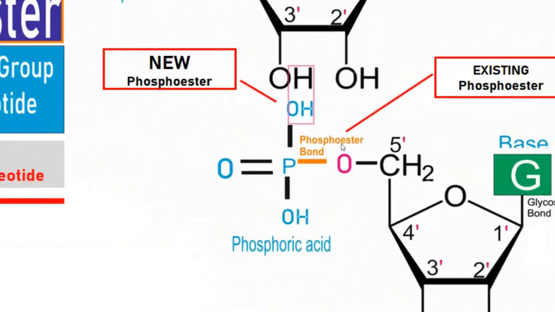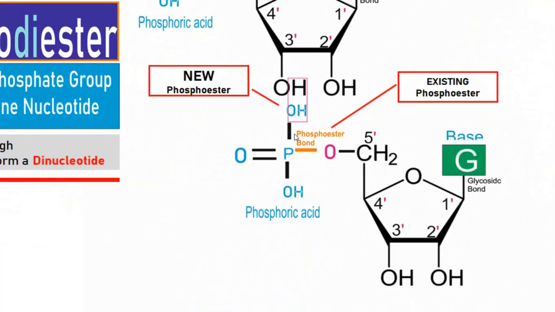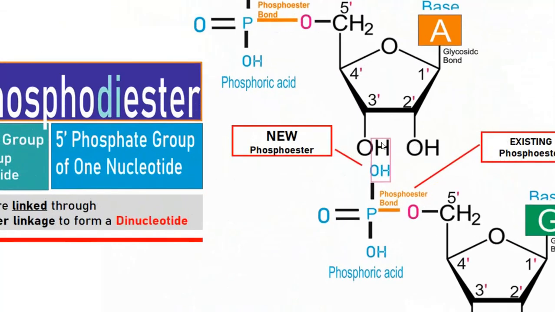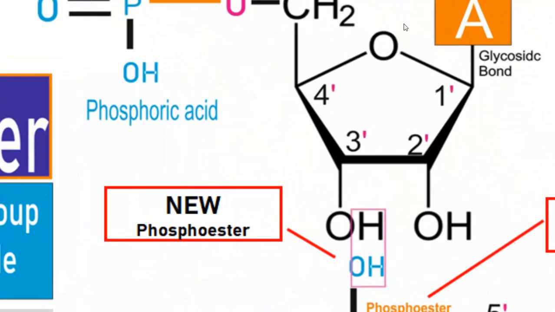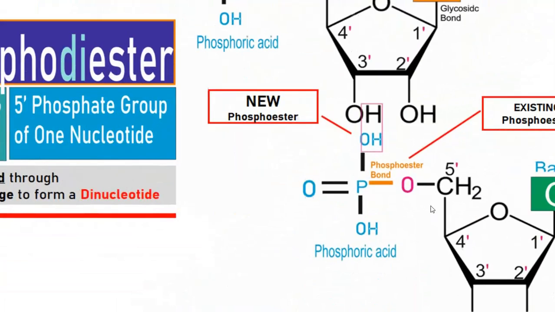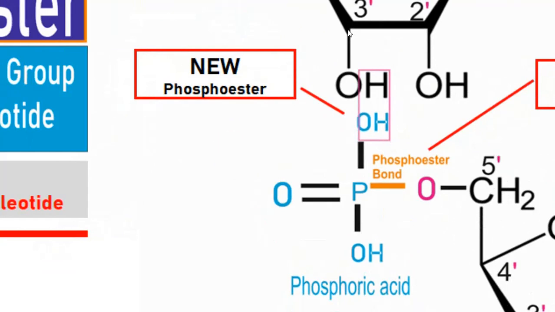Now here the existing phosphoester bond is present. The new phosphoester bond is formed between the 3' hydroxy of one nucleotide and the 5' phosphate of the other nucleotide, that is, from two different nucleotides.